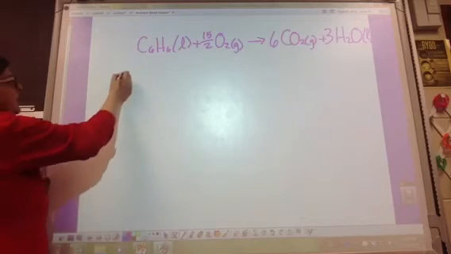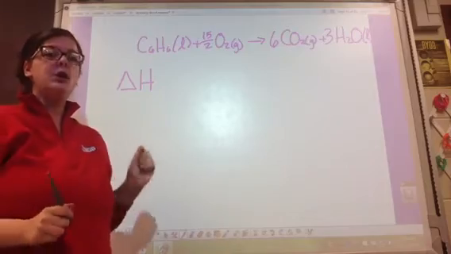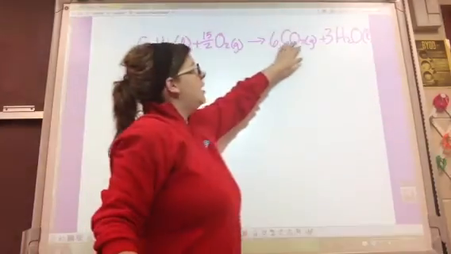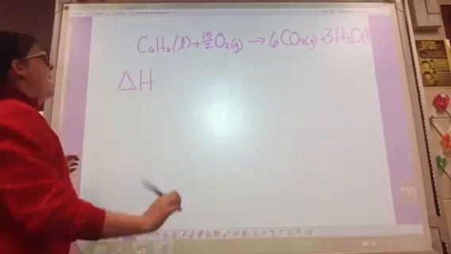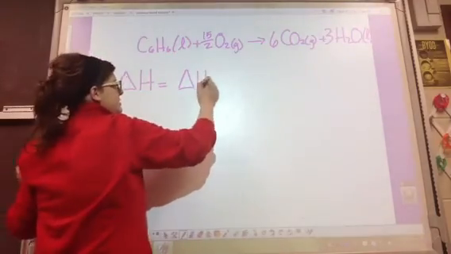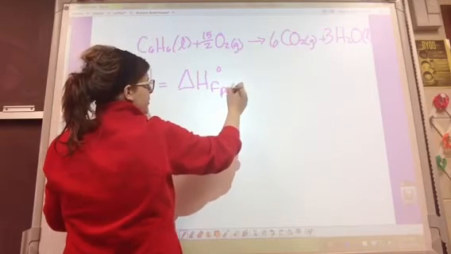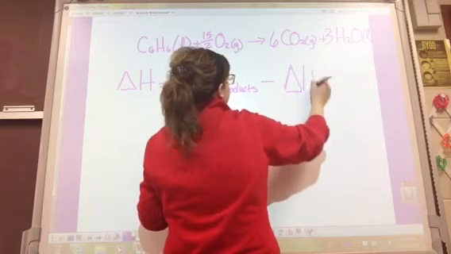So I want to find that delta H, and to do that, I can look up my standard enthalpy of formation values in Appendix C, and I know that my delta H would be those standard enthalpy of formation values for the products minus the ones for the reactants.